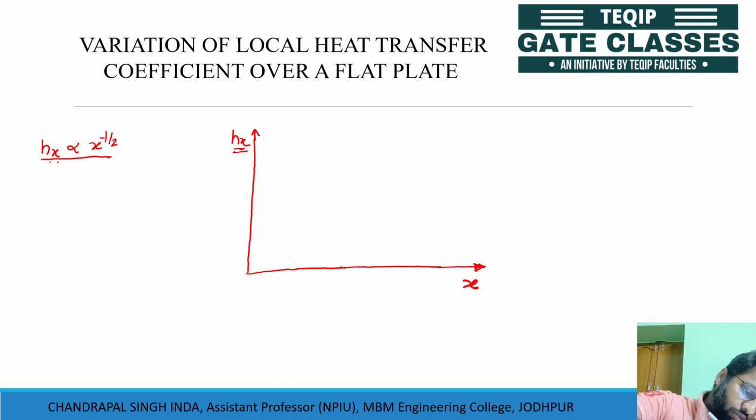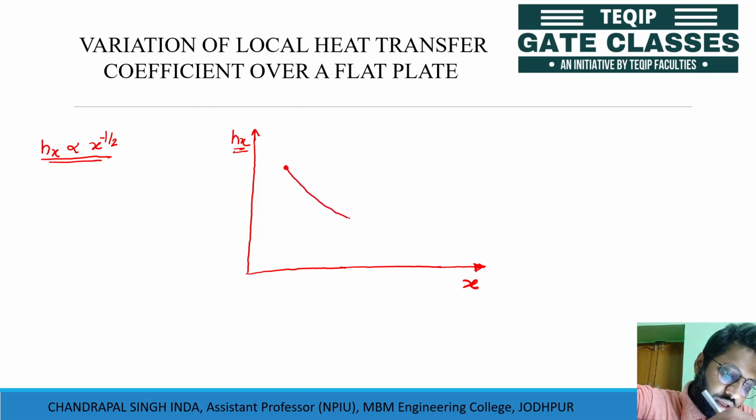Means as the length varies for the laminar flow, the value of the local convective heat transfer coefficient decreases like this. Initially we have this value and it decreases like this, and up to this we have a laminar flow. After this there is a transition flow.